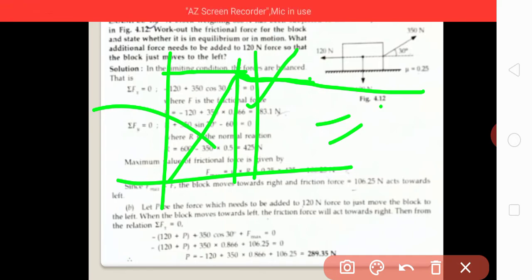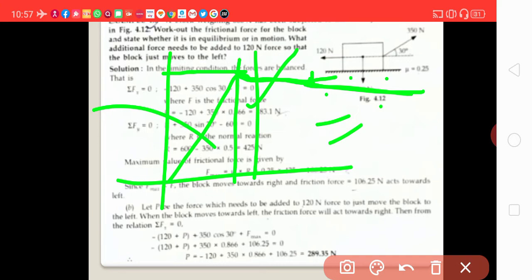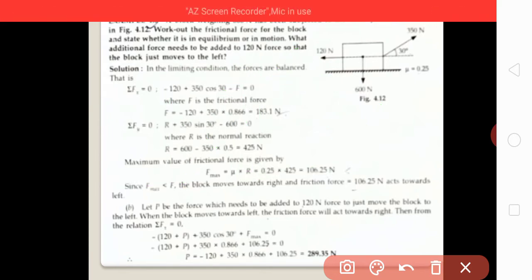As the speed increases, it will reduce a bit further, and at higher speeds it will become constant. This is a transition zone where the friction changes into kinetic friction. This is a very narrow region. I have shown it in an exaggerated way, but it is a very narrow region. So this is the maximum which can be generated.